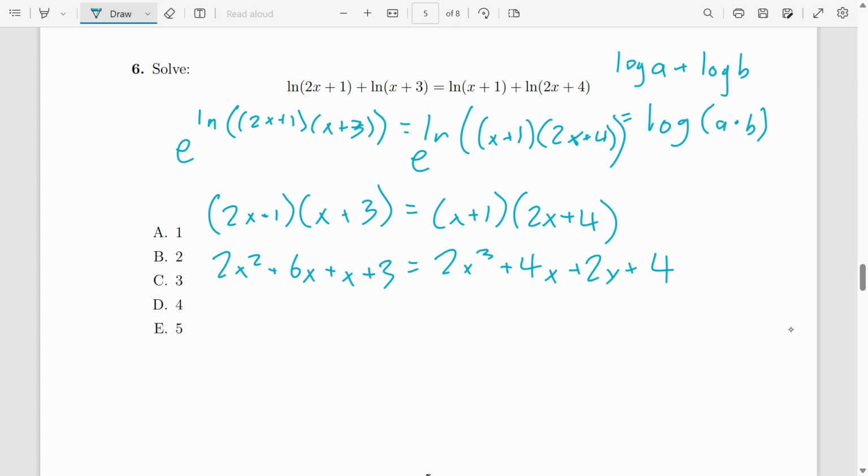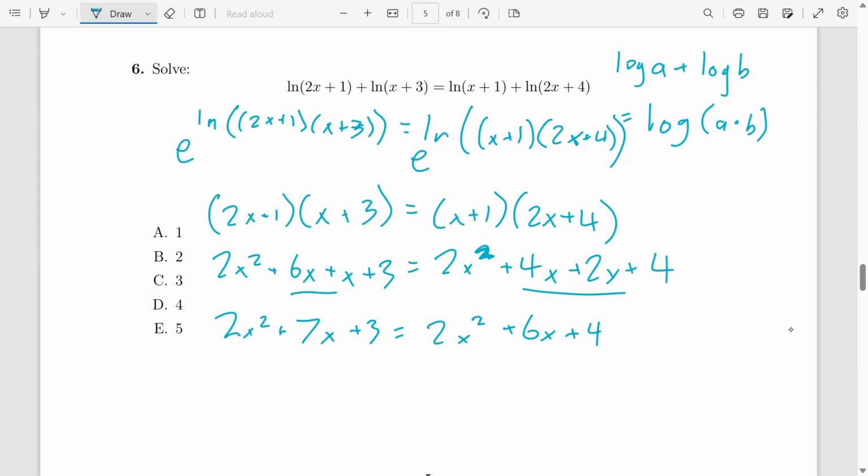Did I get that right? Yeah, okay, looks right. So we can combine these and these: 2x squared plus 7x plus 3 equals 2x squared plus 6x plus 4. Now let's rearrange.